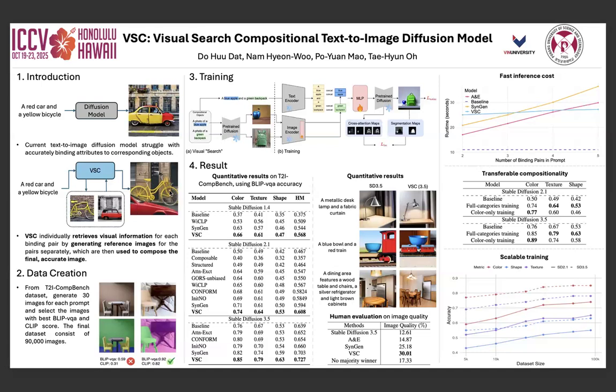For the training pipeline, after generating the reference images, the blue apple and the green backpack, we feed them into an image encoder to get the visual embeddings, and we concatenate them with the original text embedding and pass them through an MLP to get the final embedding with the correct dimension.